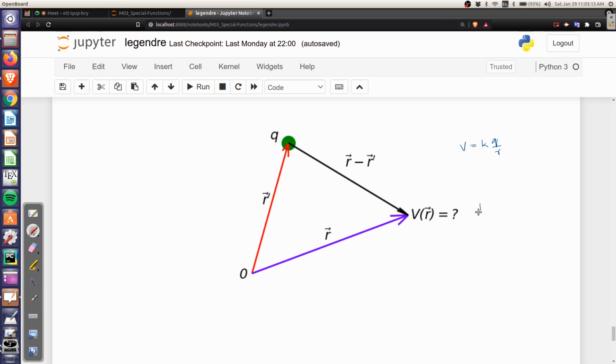This potential is going to be equal to 1 by, K is 1 by 4 pi epsilon, right? Q divided by, what is R? R is the distance between the charge and this point. And what is this distance? R minus R prime, right? Yes or no? So this is the potential that we are looking for. Correct, everybody?